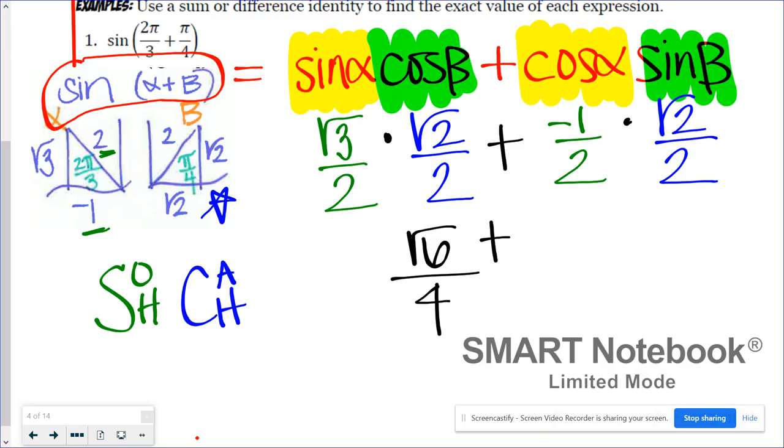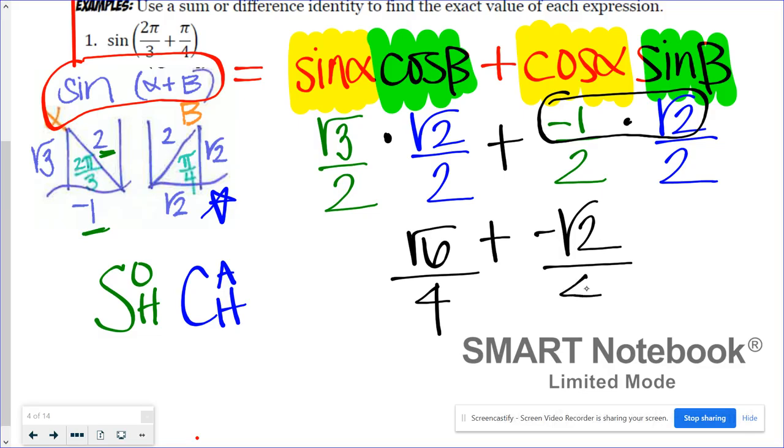Plus, over here, if I go negative 1 half times the square root of 2 over 2, I get negative square root of 2, and on the bottom, 2 times 2 is 4. So if I write this as one fraction, I have the square root of 6 minus the square root of 2, because I have that plus and negative, all over 4. And that's my final answer.